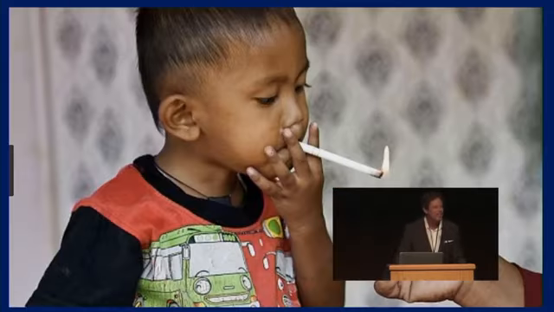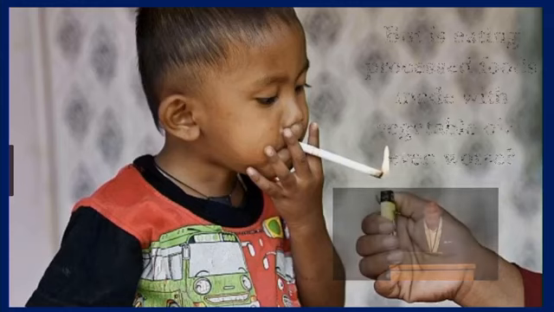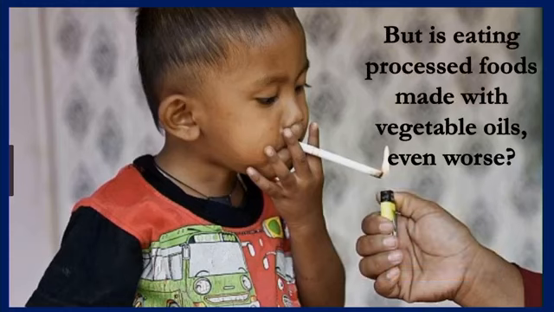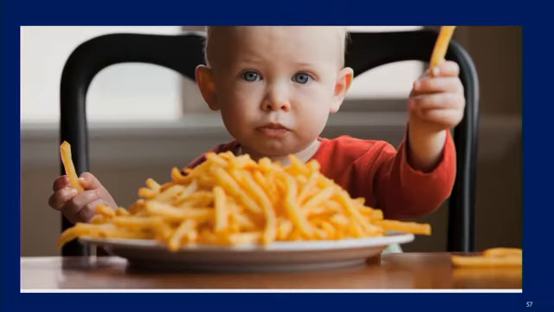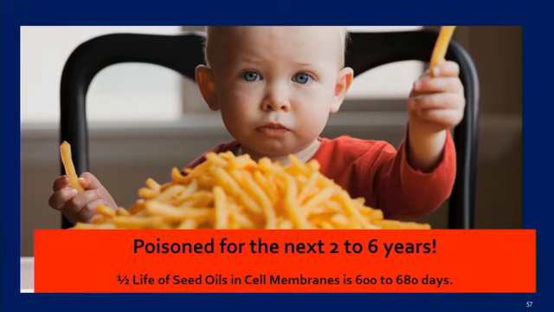Seriously, this looks like child abuse, does it not? But the question is, is eating processed foods made with vegetable oils even worse? And I will submit to you that it indeed is. Why? Because when this 2-year-old boy eats these French fries, he's poisoned for the next 2 to 6 years. Why is that?